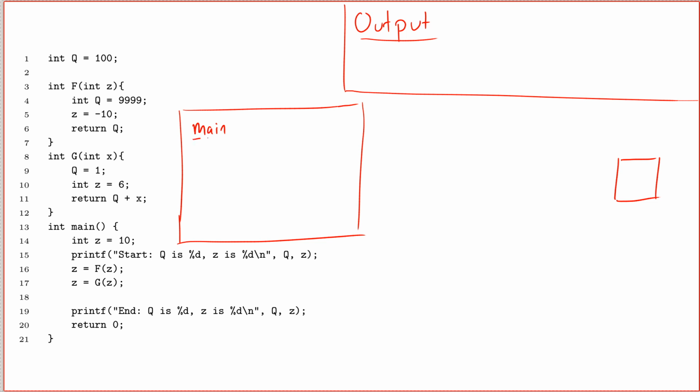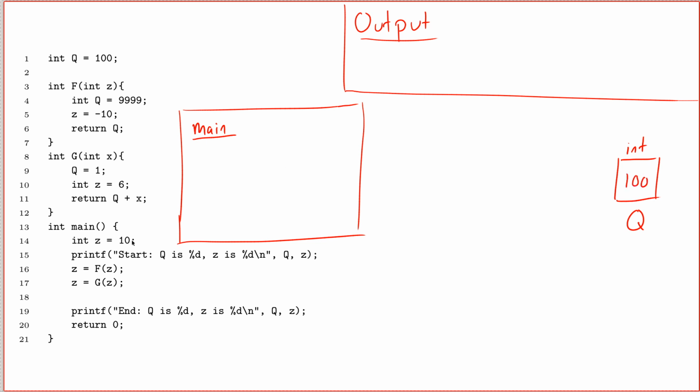Over and over again, the variables I create, let's say inside of main or inside of f, get destroyed. But because the lifespan of Q isn't bound by some scope, Q just continues existing forever. It exists when the program begins, and it's still there when the program ends. It's only destroyed when the whole universe is finally destroyed at the very end of the program after main has returned. So there's int Q, and Q starts with the value 100.